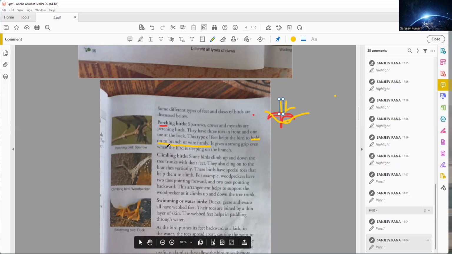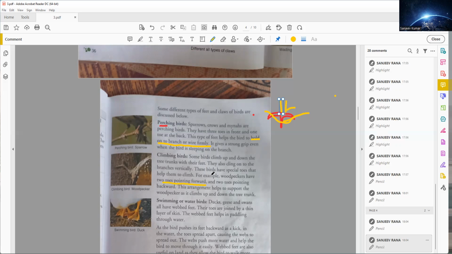Then coming to the climbing birds. Now see, whenever we have climbing birds, it means they should have special toes that help them to climb. It means they have to be pointed. First of all, when we climb, we need some kind of pointed things so that we can put them on the rocks or wherever we are climbing, so that we can move forward. So here also woodpeckers have 2 toes pointing forward.